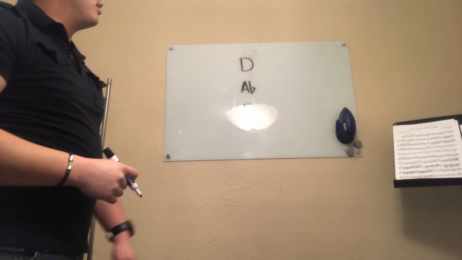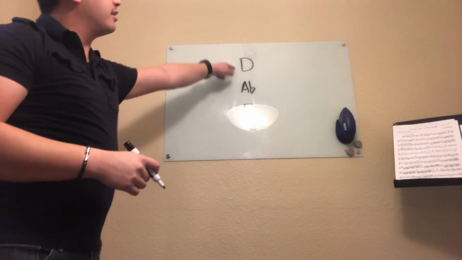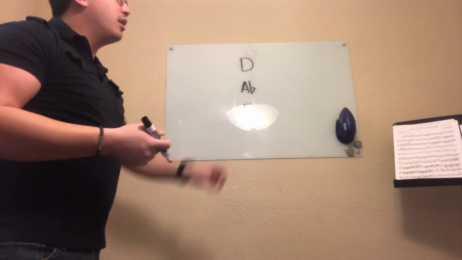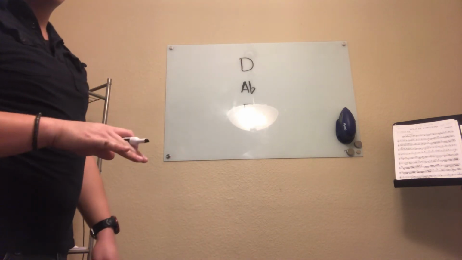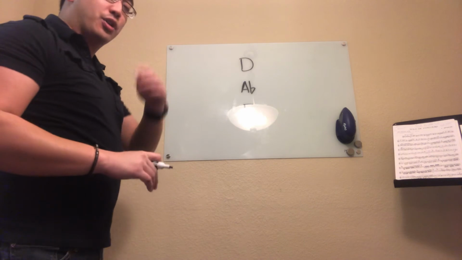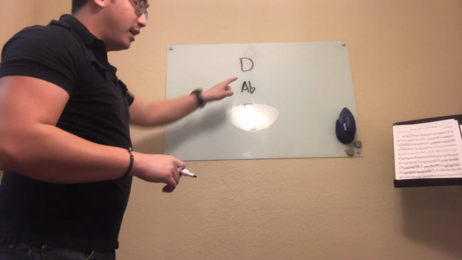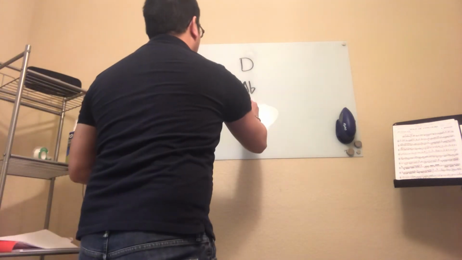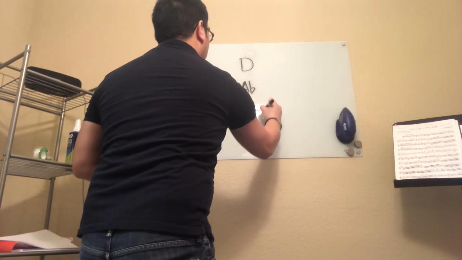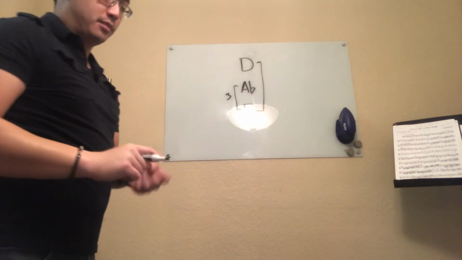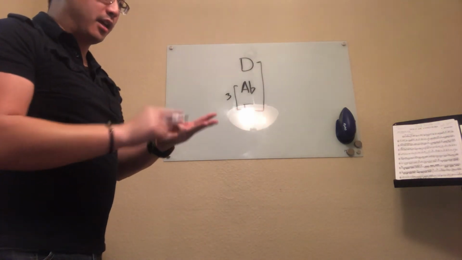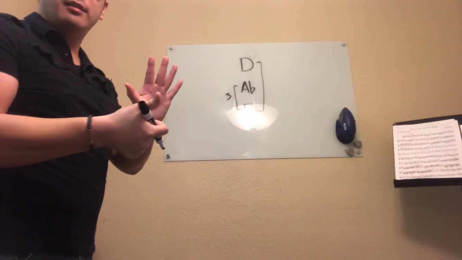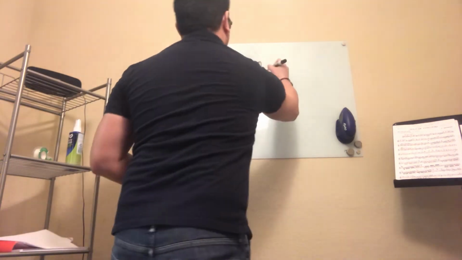Here in this triad, we have F, A flat, and D. So we're going to look at the intervals, just the number, to figure out what inversion we are in. F to A, F, G, A, some sort of third. F to D, F, G, A, B, C, D, some kind of sixth.